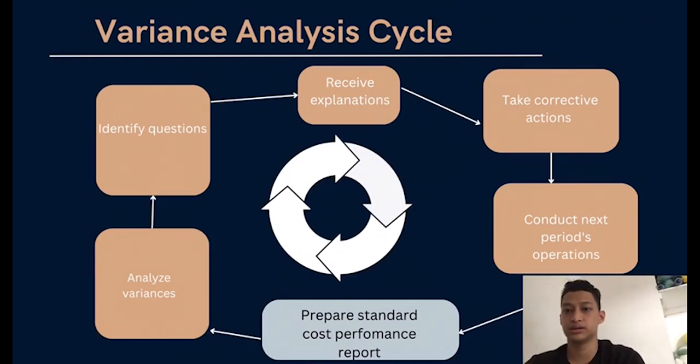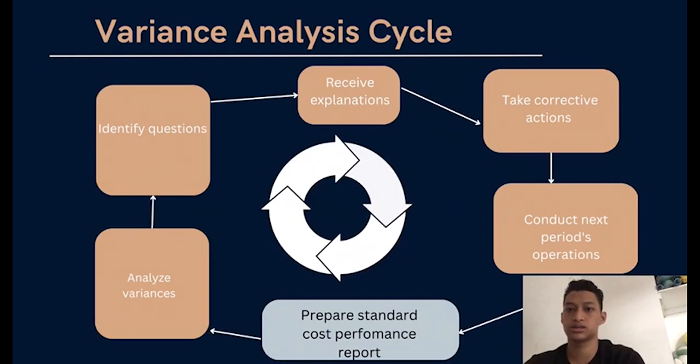The variance analysis cycle is a continuous 5-step process. You can see that we start here with the preparation of the standard cost performance report. Analyze variances, highlighting variances that are the difference between actual results and what should have occurred according to standards.